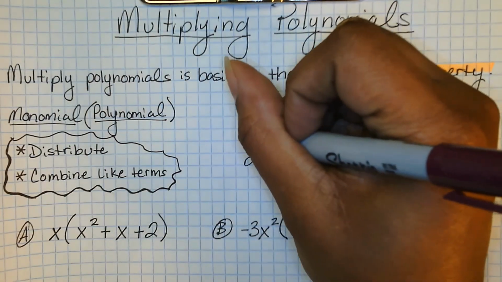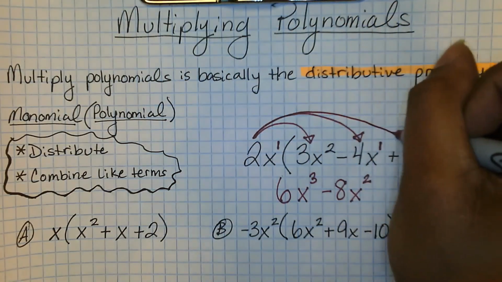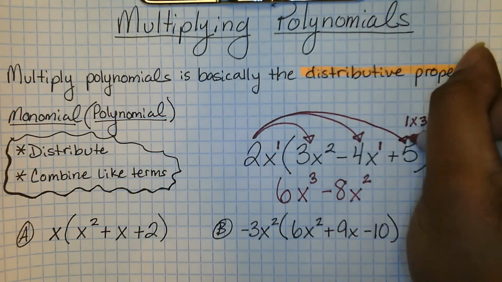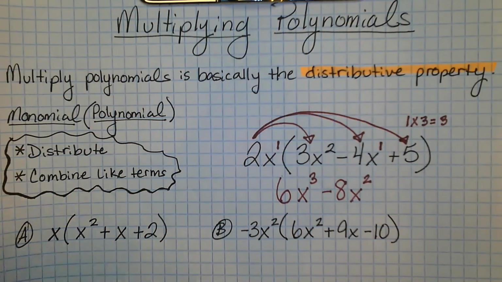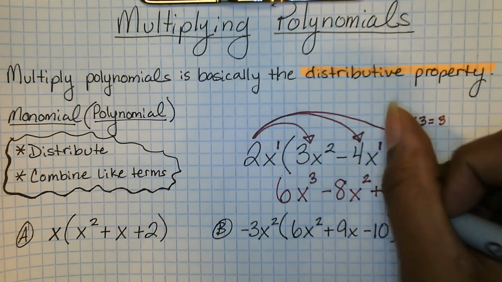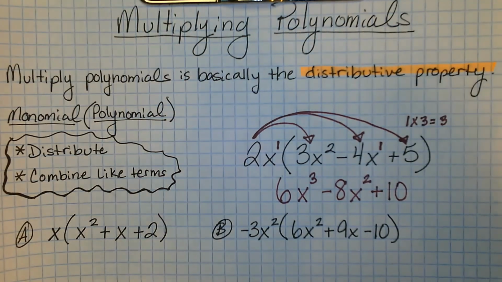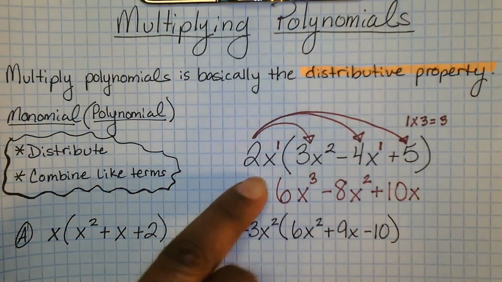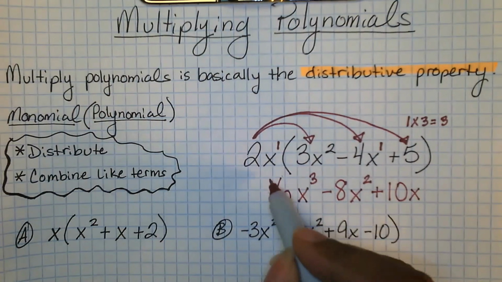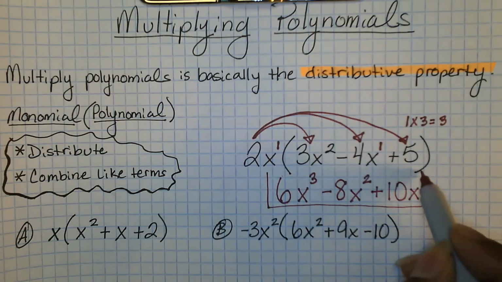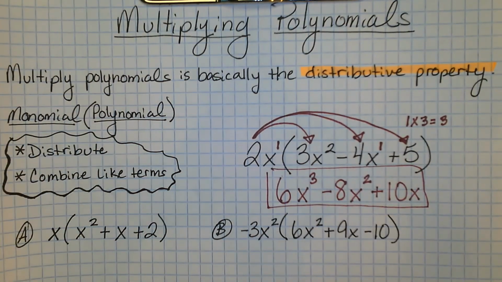And then the last thing we need to distribute the 2x to is the 5. So we multiply 2 times 5, and we get a positive 10. We keep the x since that one was the only one that had a variable. And this is our answer.